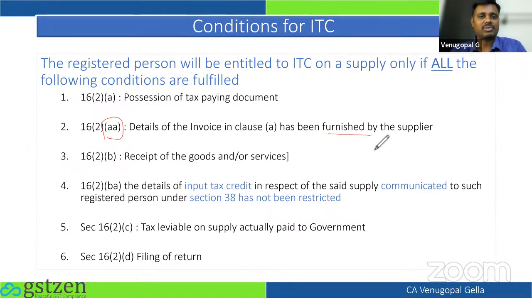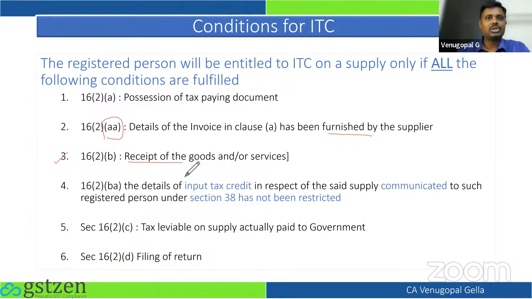This is again more specifically mentioned. The next condition we all know: merely having invoices doesn't work. You should also receive goods and services. That means bill trading is not permitted. If you have excess input tax credit, you can't just pass on the input tax credit to someone by raising an invoice and transferring the credit. That's not permitted. You should have received the goods.